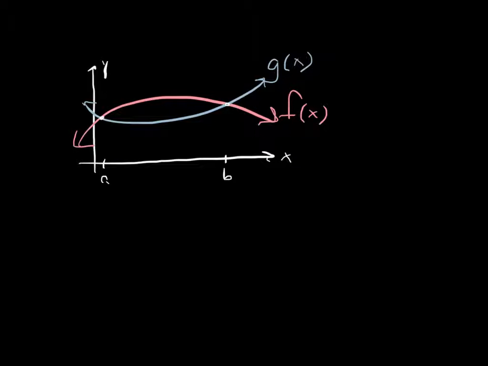We can do this by finding the area underneath f of x. So that would be the entire area underneath the pink here. And then we can subtract out the area underneath g of x.